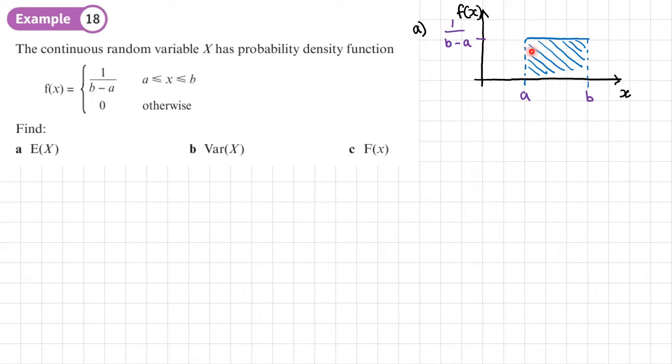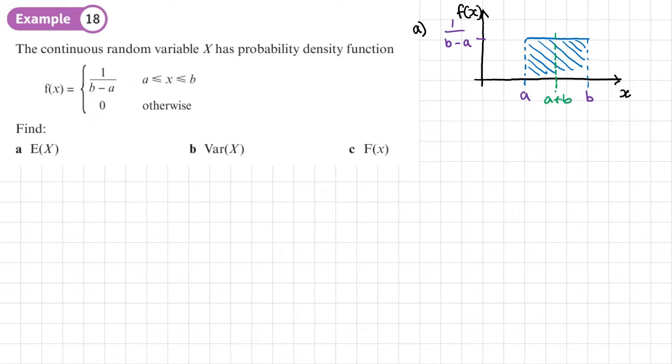Now, one way I can work out the mean is you can look to see whether your distribution is symmetrical, and that's a valid way of finding E of x, the mean, without actually doing any calculations. And I can see by symmetry that my mean is going to be here. And to find that mean, it's going to be halfway between the numbers a and b. So to find it, I would do a plus b or b plus a and divide it by 2.